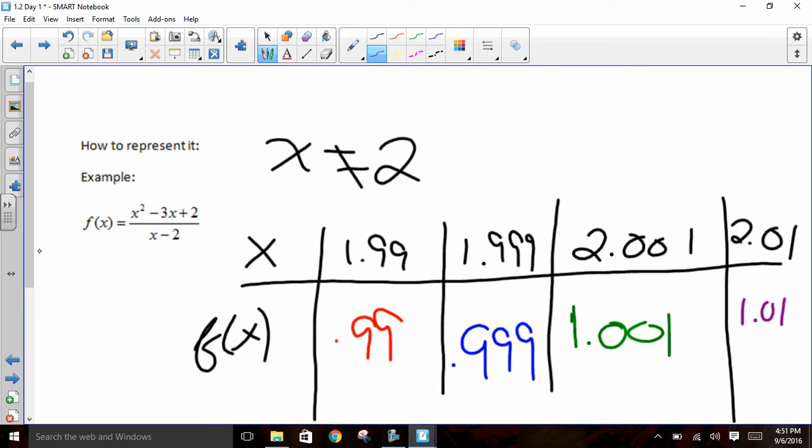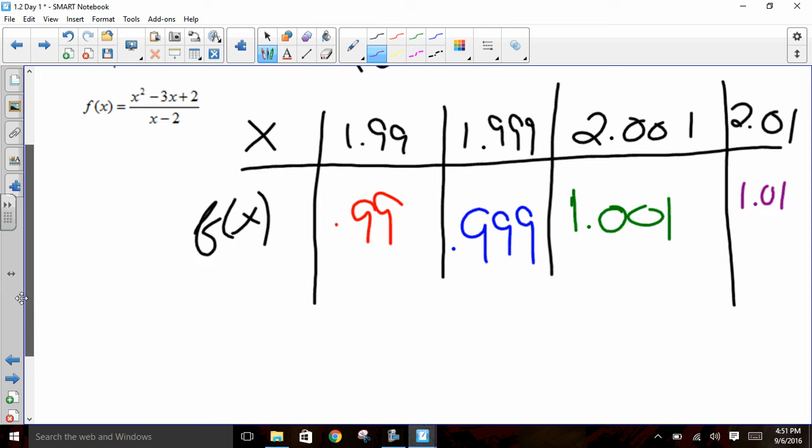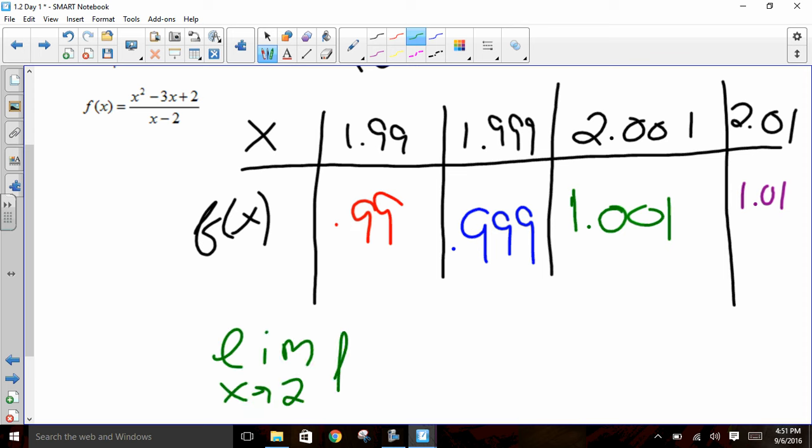So what number do we get close to but don't actually touch when x is close to 2? Hopefully you're all telling me that we get close to 1. So the limit as x approaches 2 of f of x is 1.